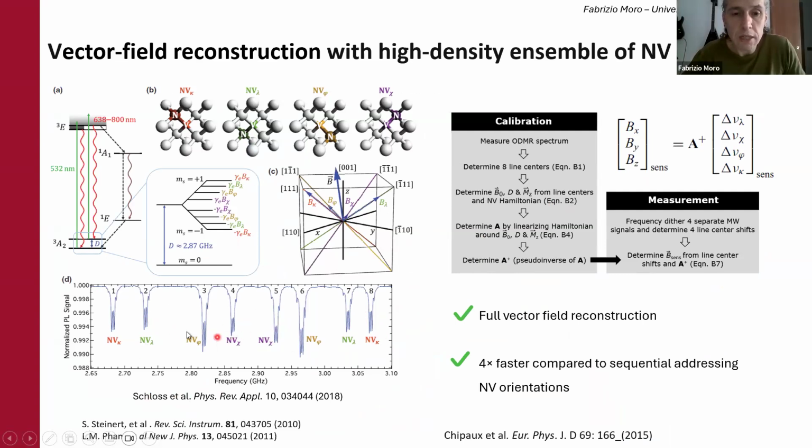From the fitting of the data, they can extract the magnetic field component along each crystallographic direction simultaneously. By obtaining this information, they can then use a matrix transformation to obtain the magnetic field components in the laboratory frame. And so this provides a 4 times faster method compared to the sequential addressing that I've shown previously.